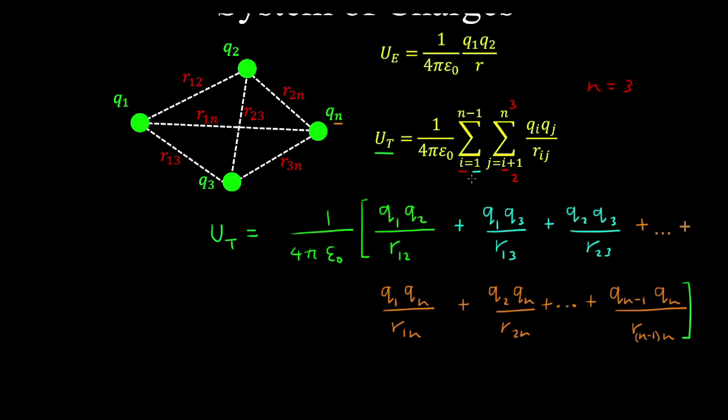Then when i equals 2, we have j equals 1 plus 2, which is 3, so we get Q2 Q3 on R23. And we stop there, because we're summing from i equals 1 to i equals n minus 1. So have a think about this.